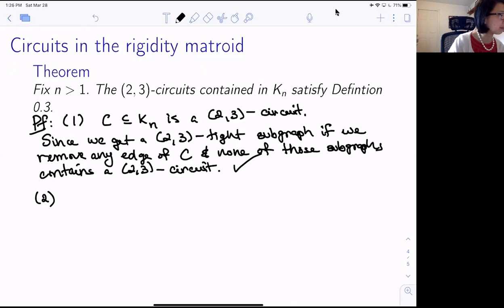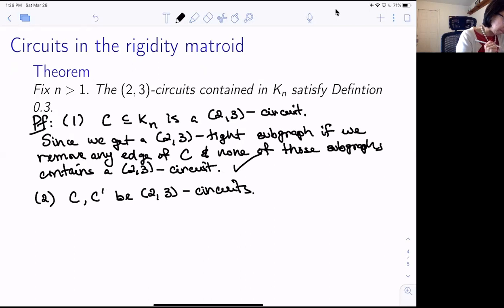Let's see what happens for the second axiom. So let C and C prime be 2-3 circuits. And let's suppose that C has nC vertices. So I'll say that C spans nC vertices.